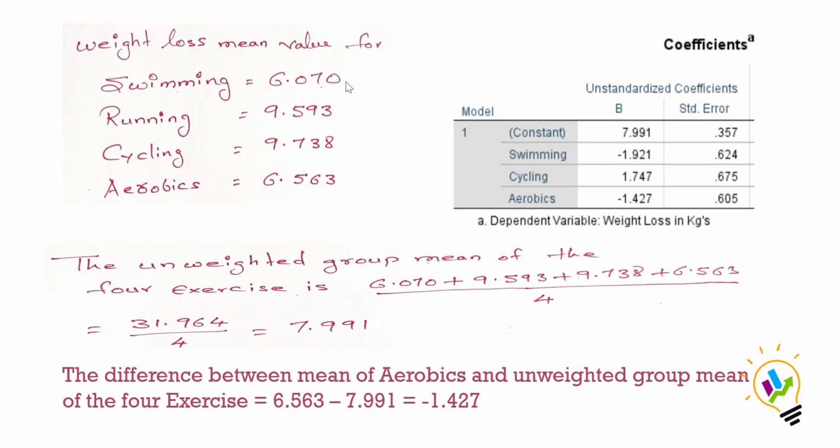The aerobics value is 6.563, and the unweighted group mean of the 4 exercises is 7.991. If we take the difference between these two, we are going to get minus 1.427. So this is how we do unweighted effect coding for a categorical variable when the independent variable is a categorical variable.